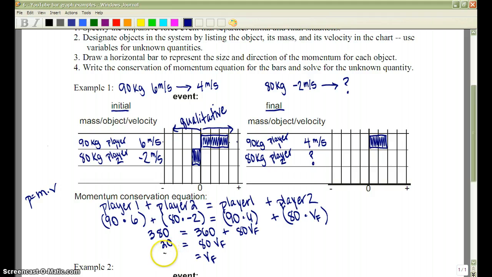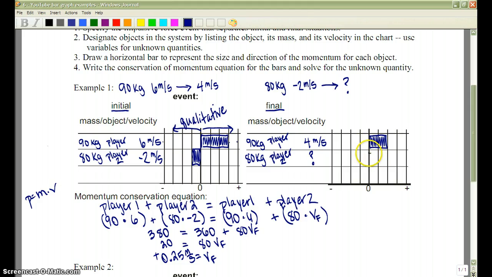Now all I'm going to do is divide by 80 to get it over to the other side. And we notice that this player number 2, he's going much slower. So he was going 2 towards the player. Now he's only going 0.25. But notice, the sign that we got for this is positive.